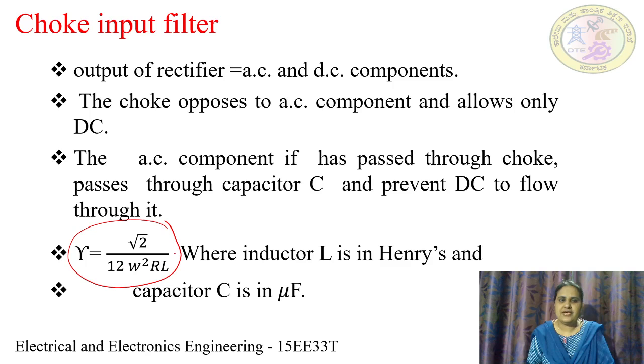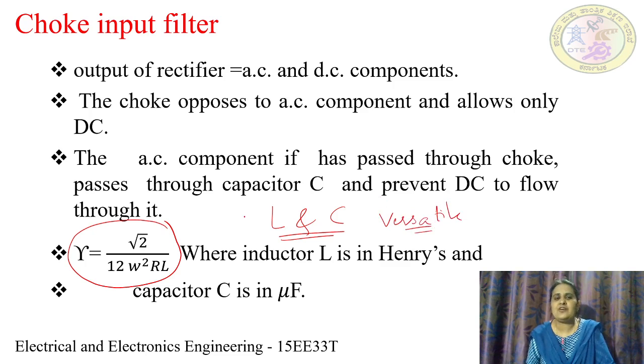If you look at the ripple factor equation, the ripple factor is independent of the values of L and C. Hence, I can tell that this is a versatile and robust type of filter circuit.